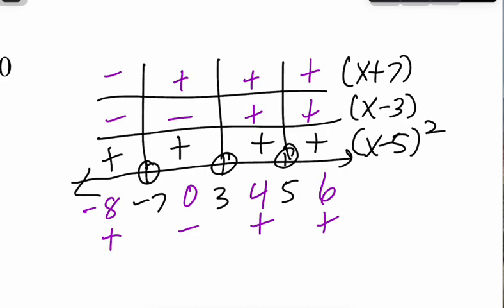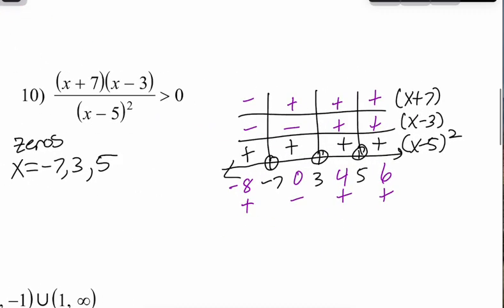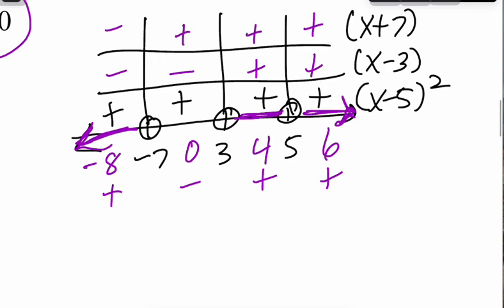Okay. So let's go back to our problem. Let's look at our symbol. Greater than 0, we are looking for the positives. So now let's go color in the positives. Because these are open circles, we do have distinct regions. There's a vertical asymptote here, so we have to skip that area.